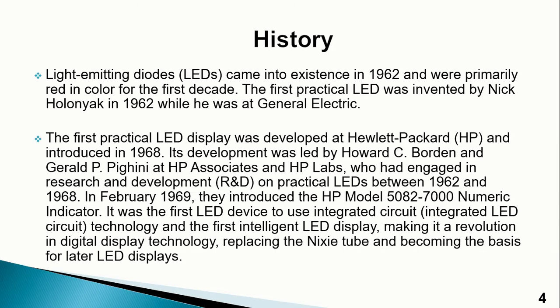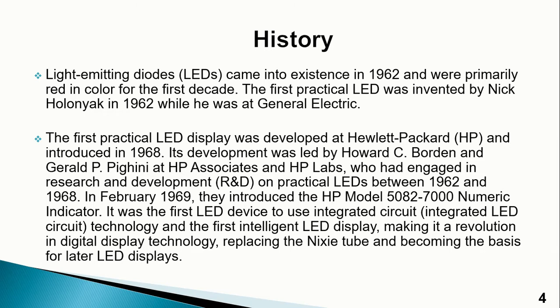The first practical LED display was developed at Hewlett-Packard and introduced in 1968. Its development was led by Howard C. Borden and Gerald P. Pighini at HP Associates and HP Labs, who had engaged in research and development on practical LEDs between 1962 and 1968.